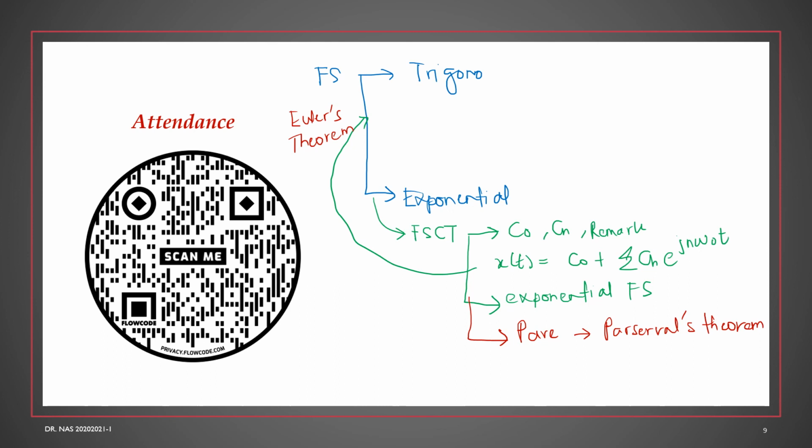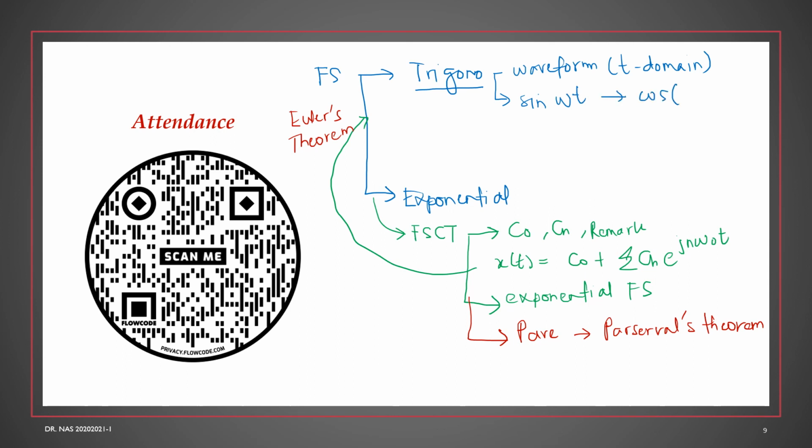Meanwhile, in trigonometric form, you need to be able to sketch the signal or the waveform in the time domain. The waveform is basically the signal in the t domain. So you need to be able to manipulate the equation. If you have sine omega t, how to convert it into cos?